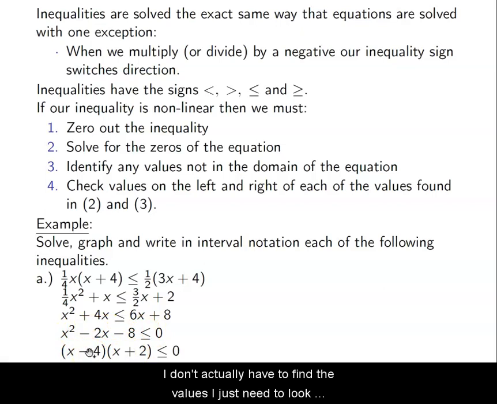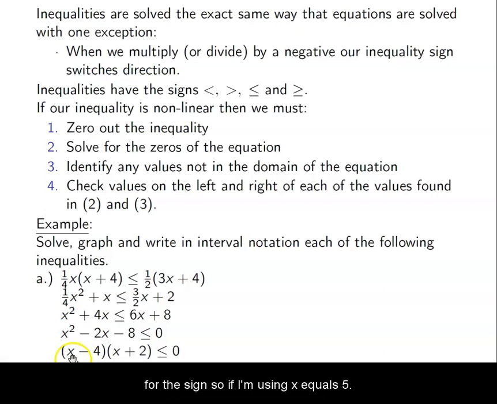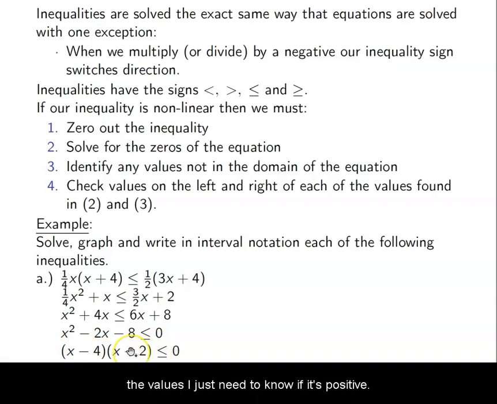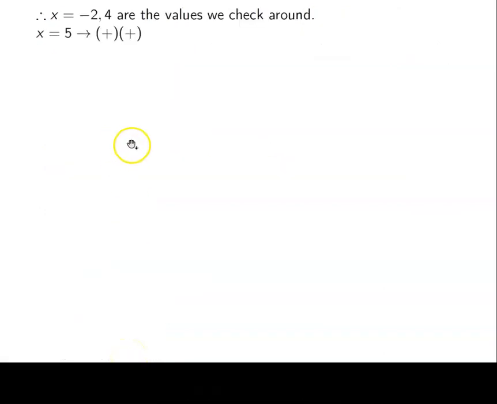I just need to look for the sign. So if I'm using x equals 5, well, 5 minus 4 is positive. 5 plus 2 is positive. I don't actually need the values. I just need to know if it's positive. So a positive times a positive gives me a positive, right?